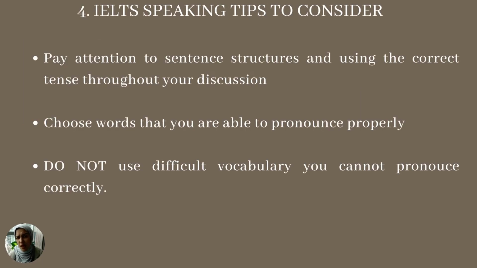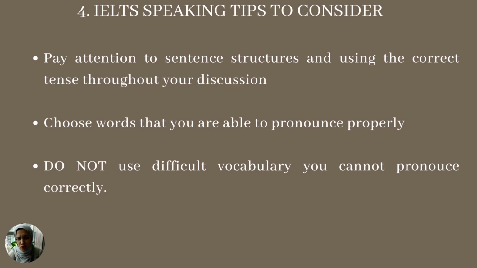These are some IELTS speaking tips I recommend you consider when you are saying your IELTS speaking part 1 answers. You need to pay attention to sentence structures, and you need to be using the correct tense throughout your discussion, as I mentioned. You need to choose words that you are able to pronounce properly.